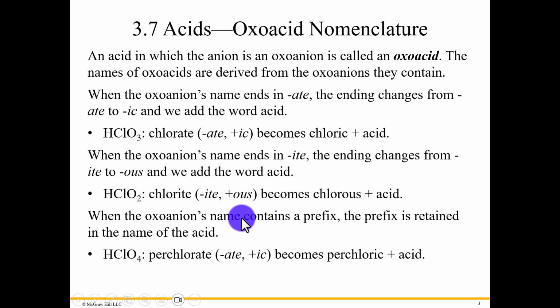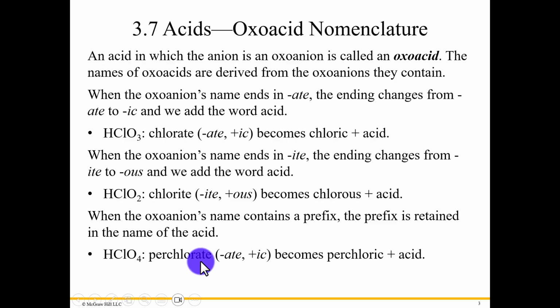When the oxoanion's name has a prefix, we do not drop the prefix at the beginning of the oxoanion's name. We retain it when we name the acid. For example, this one, ClO4, this anion in the polyatomic ion list is the perchlorate ion.